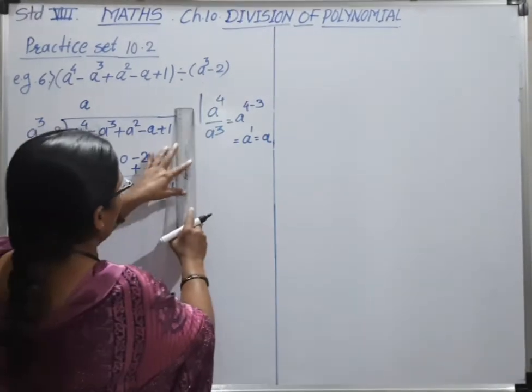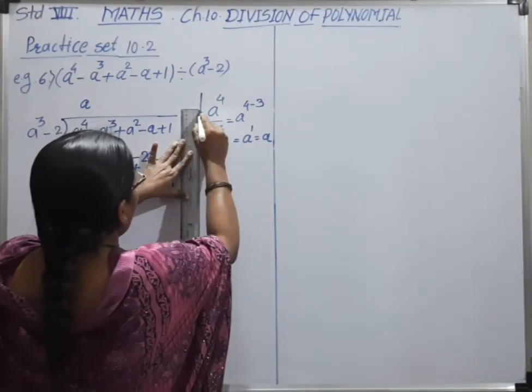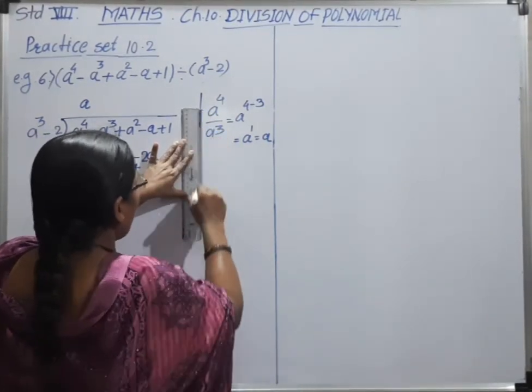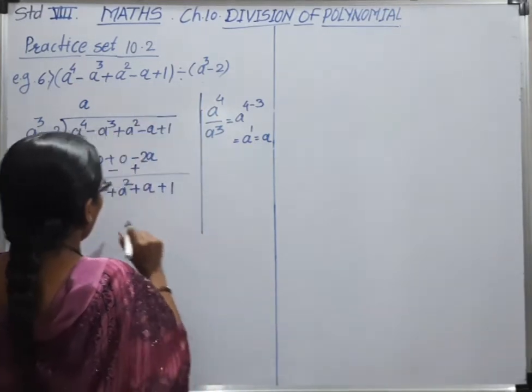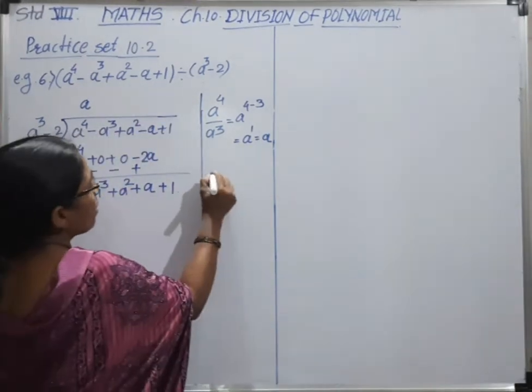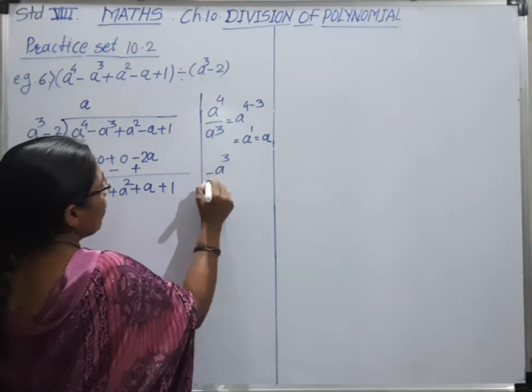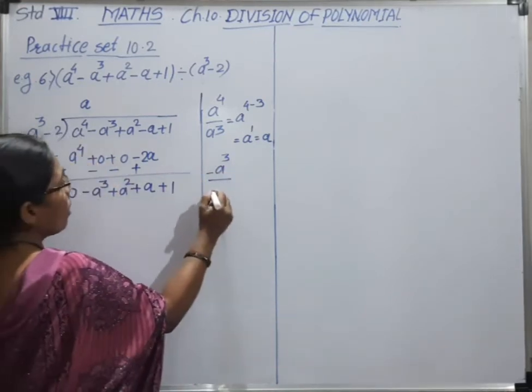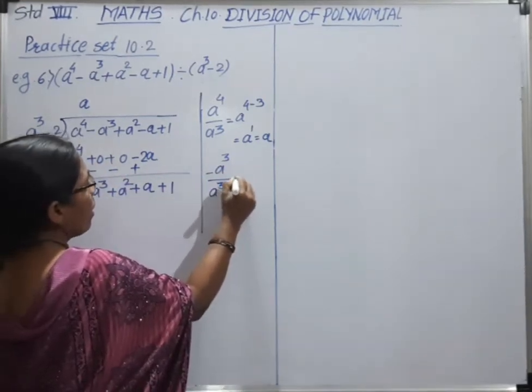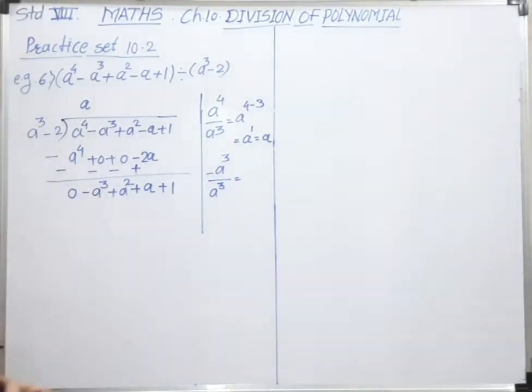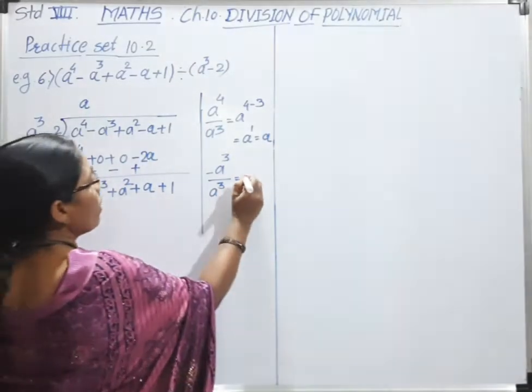Now again we have to divide the first term of the dividend, that is minus a cube divided by a cube. Division of a negative and a positive number is always negative.